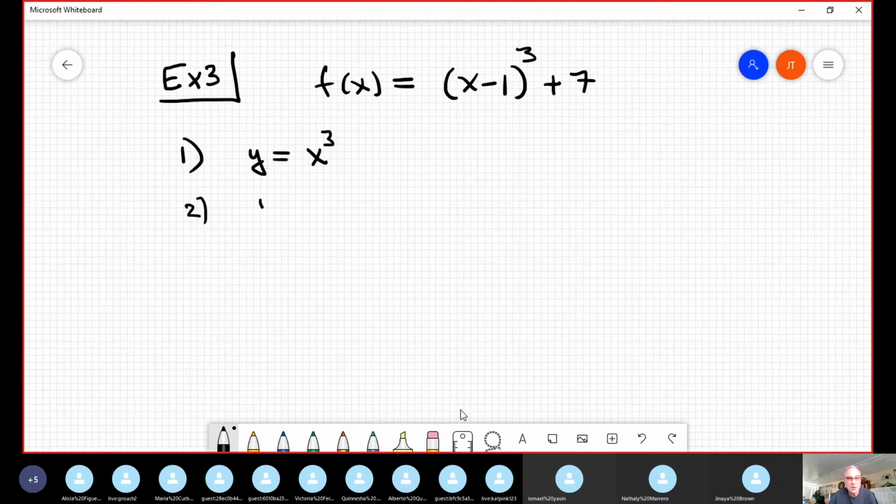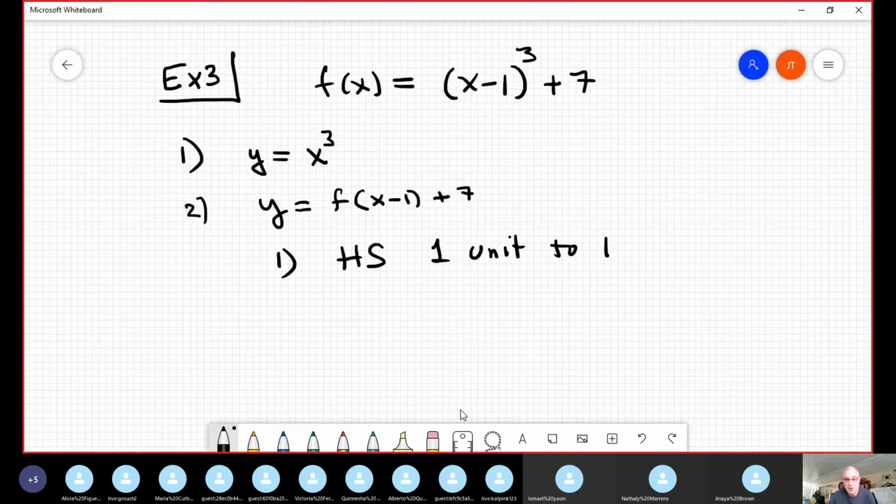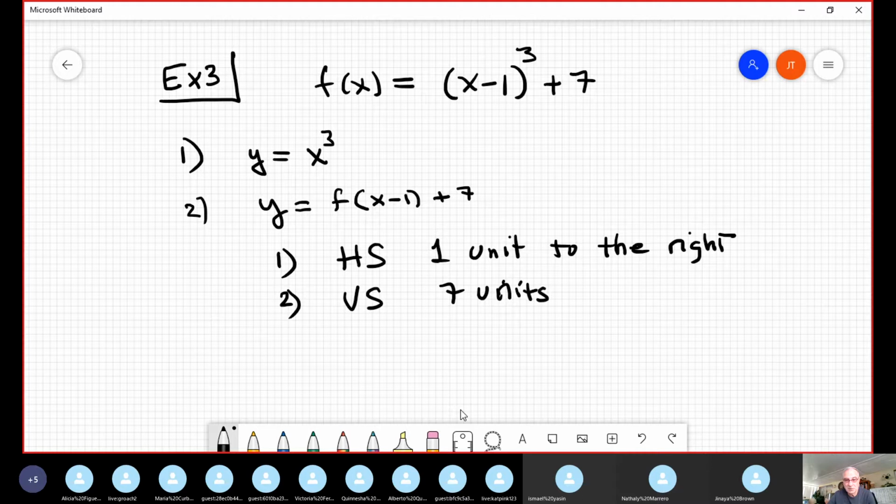It's y equals (x minus 1) cubed plus 7. The first transformation was a horizontal shift 1 unit to the right because it's negative. And number 2 is a vertical shift 7 units up. Okay?